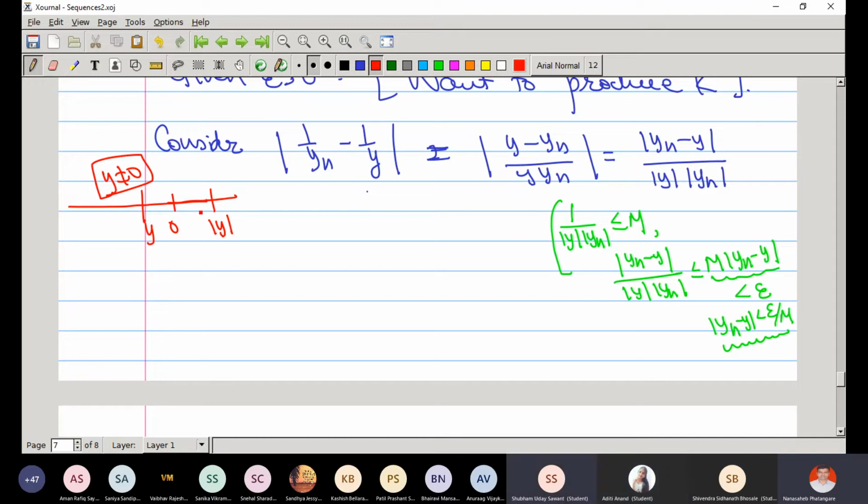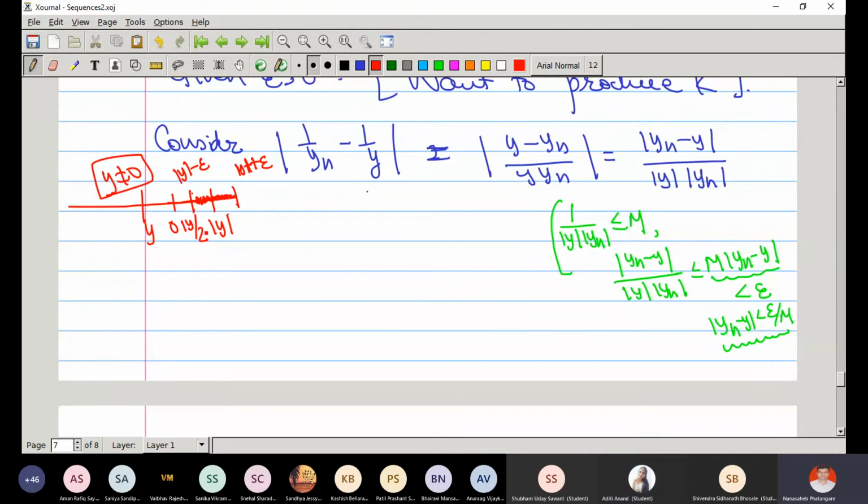Yes, sir. Now, can I choose some sufficiently small epsilon so that in this range, after some k all terms are in this range? Is it possible to do this? Sir, the absolute value of y by 2. Yes.